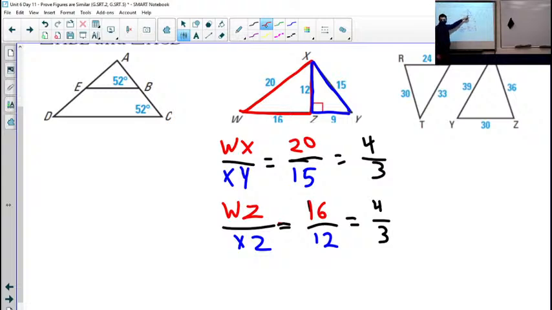Smallest side in this one is going to be 12, and that is X to Z, over the smallest side in the blue, which is Y to Z, and that's going to be 9.